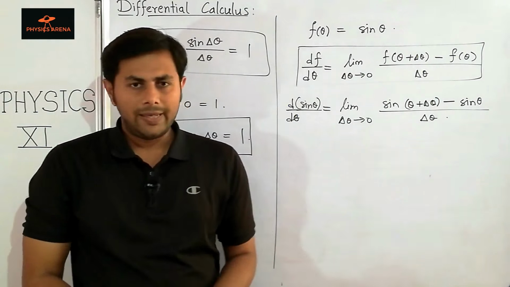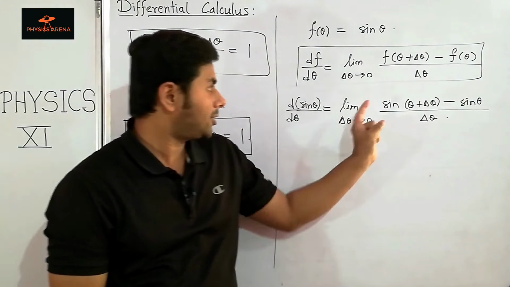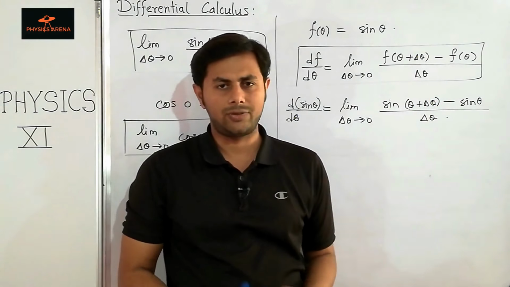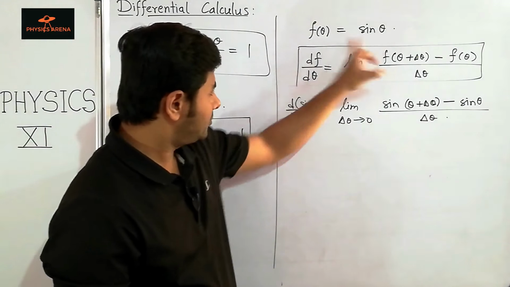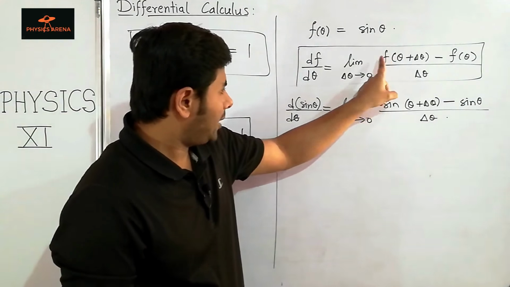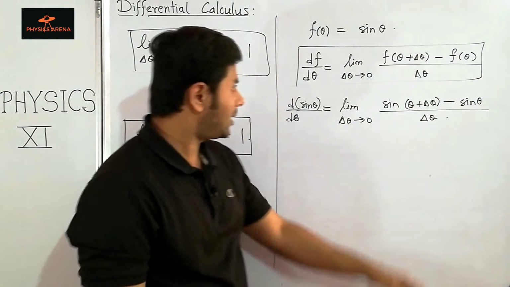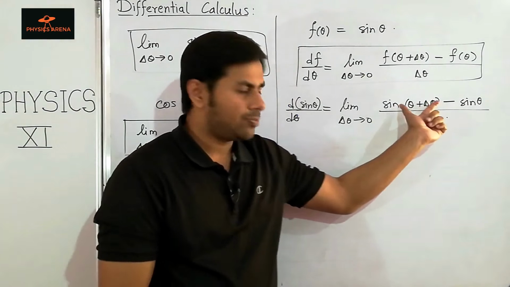So instead of x, I have written the function as f, and instead of t, I have taken the variable as theta. That's the only change here. So f is sine theta here, so f of theta plus delta theta is sine of theta plus delta theta, and f of theta is sine theta. Okay, now let's just expand this.